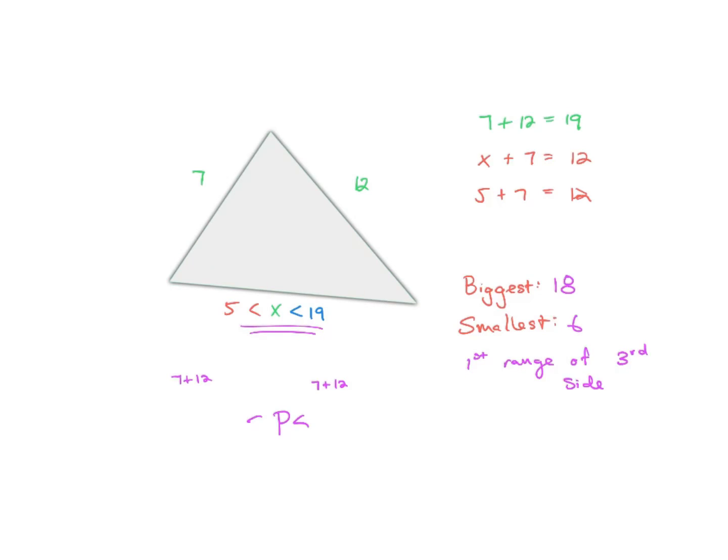So for instance, I have 19 and 5. So I know that the range of my perimeter is going to be somewhere in between 24 and 38, because basically I'm doing 7 plus 12 plus the smallest part of my range, and 7 plus 12 plus the biggest part of my range.